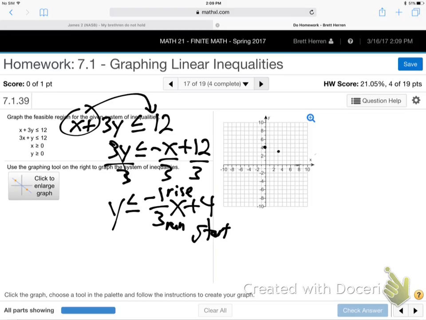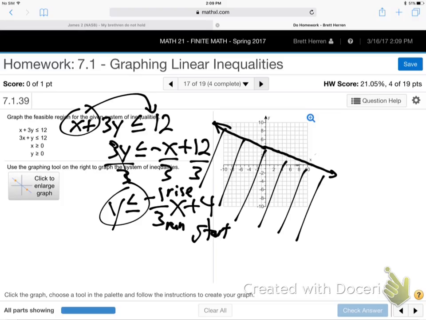Solid line or dotted line? Solid bar, solid line. Which side's the shading on? Y is less, so shade below, right? But I don't care about the stuff that goes outside the first quadrant, really. It's okay, I'll leave it there, but in the end I'm going to erase everything that's outside the first quadrant.